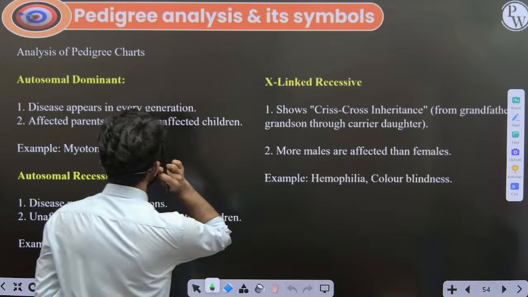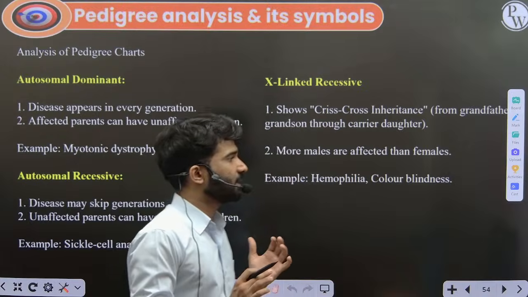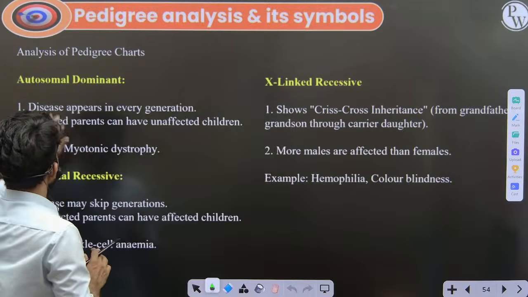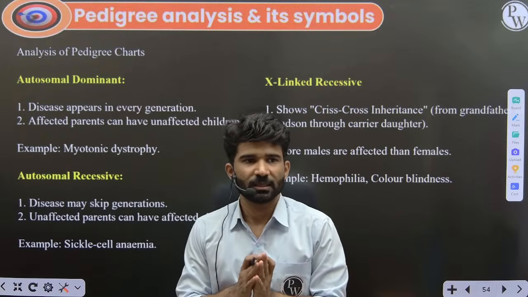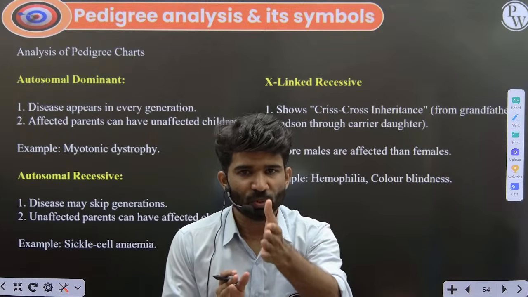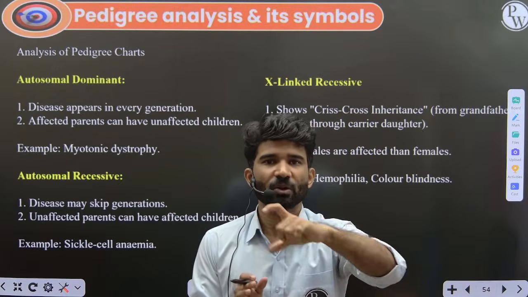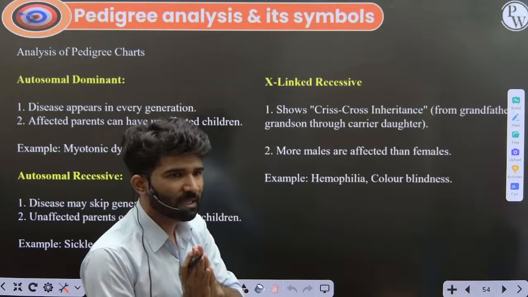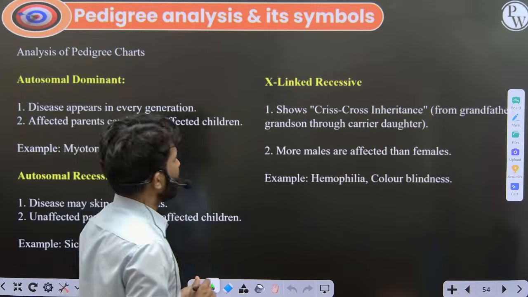The next one is pedigree analysis. So what is pedigree analysis? It is knowing the history of inheritance of a family by drawing a family tree using different symbols. That is what we call pedigree analysis.